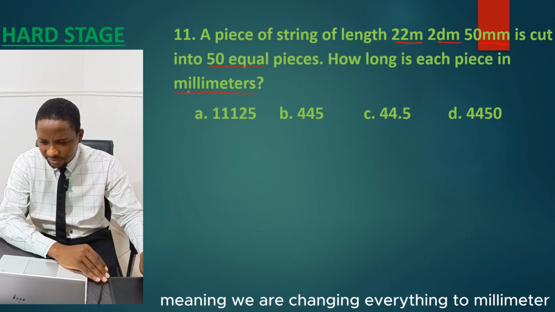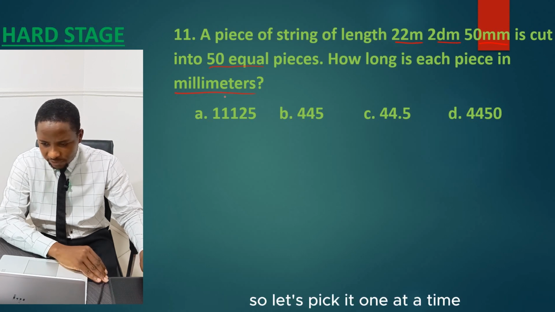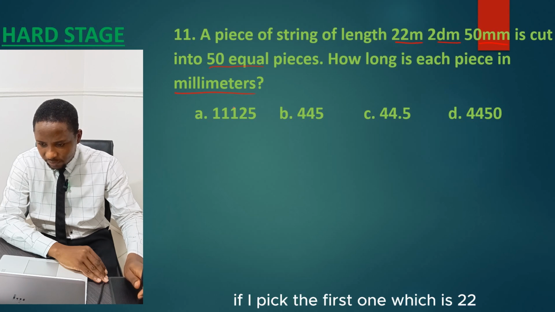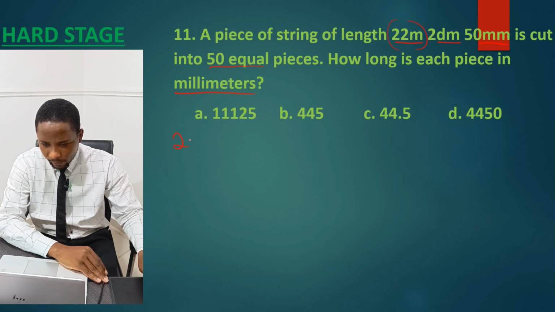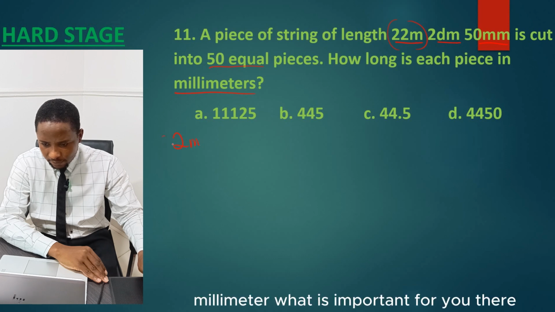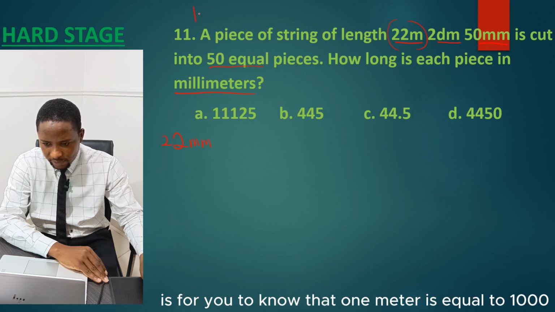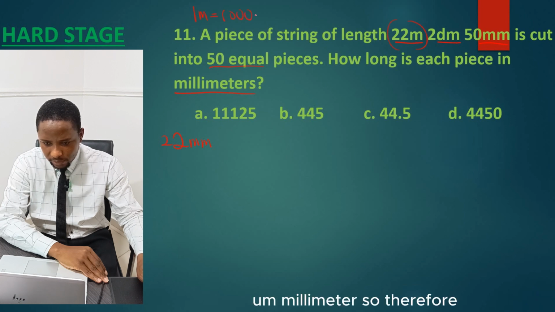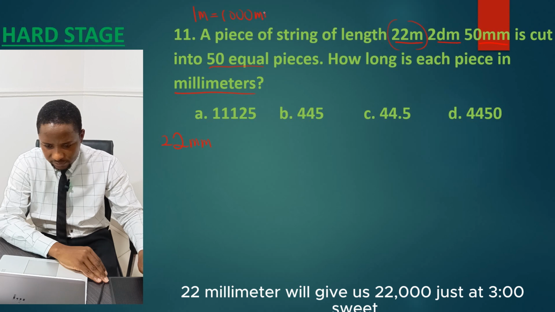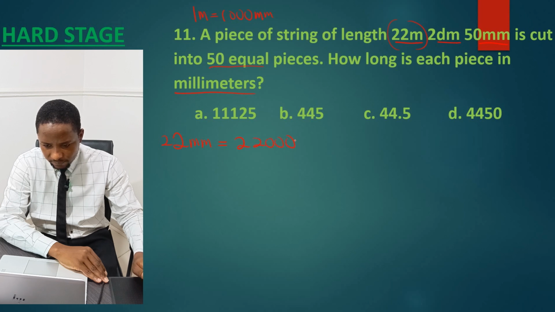Meaning we're changing everything to millimeter. So let's pick it one at a time. If I pick the first one, which is 22 meter, what is important for you there is for you to know that 1 meter is equal to 1000 millimeter. So therefore 22 meter will give us 22,000. Just add 3 zeros to it.